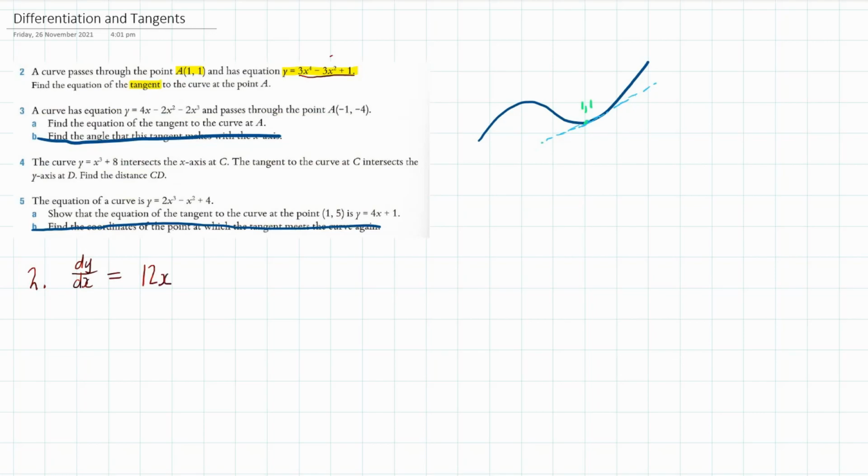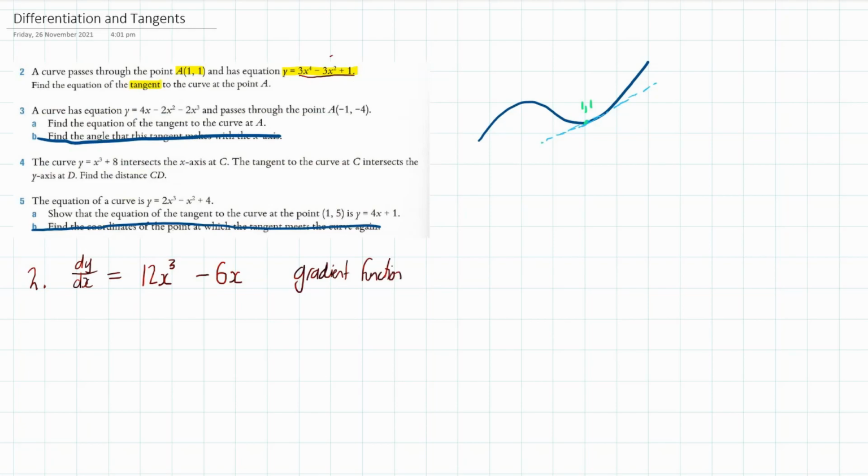Then we drop the power of x down by 1, so it would be x to the power of 3. Now we do the same kind of thing here. We've got 2 times the minus 3, which is negative 6. The x drops down from 2 to 1. You don't need to put the 1, because x by itself is x to the power of 1. And anything without an x just drops out. So what we have here is our gradient function.